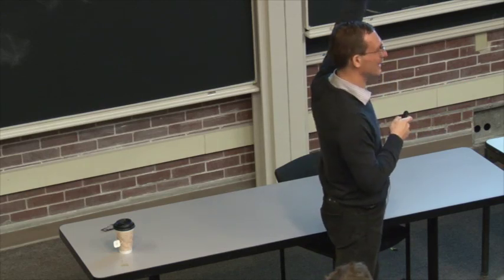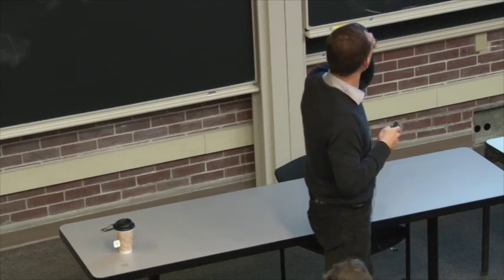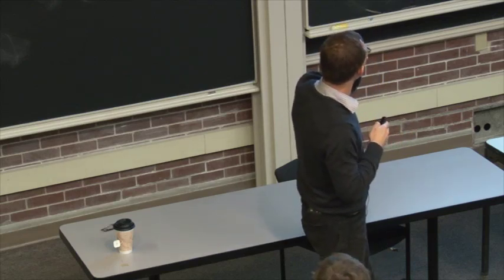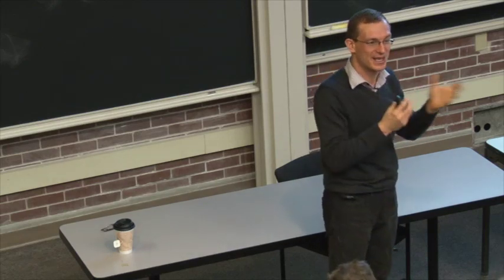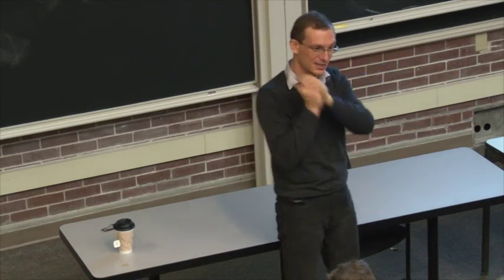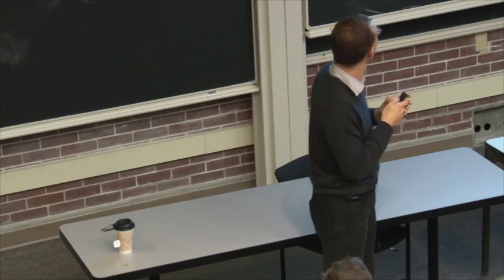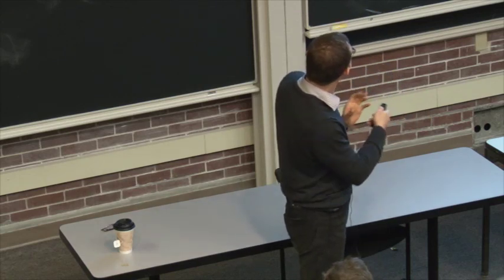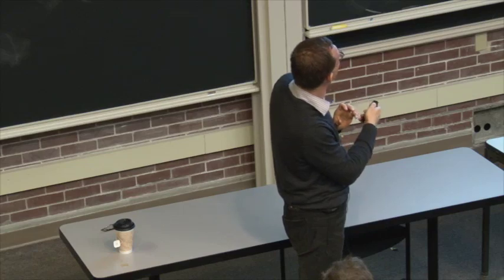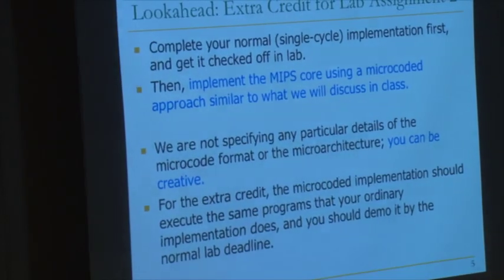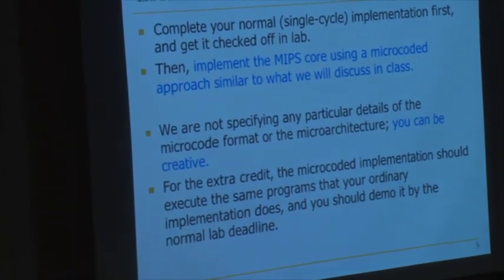But the first step is completing the single cycle portion of the assignment. This is just to give you some flexibility in designing a machine, similar to what we're going to discuss in class today and tomorrow. We'll specify this later on also. But for this extra credit, the microcode implementation should execute the same programs that your ordinary implementation does. And you should demo it by the normal lab deadline.